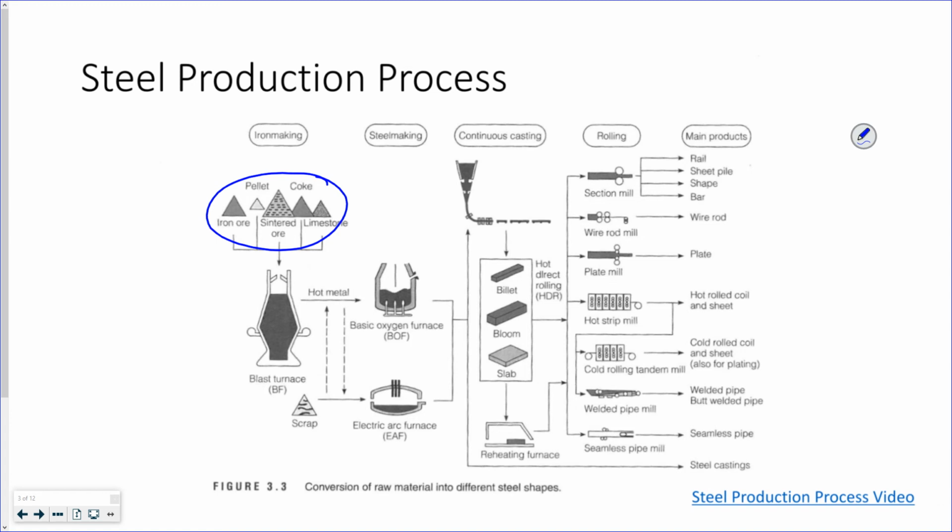Eventually it comes down to making steel, then you cast it into different generic shapes, billets, blooms, or slabs, which are then rolled into the actual products that you see, making structural steel shapes.